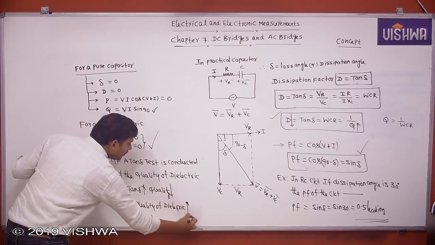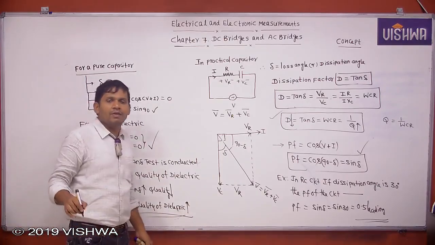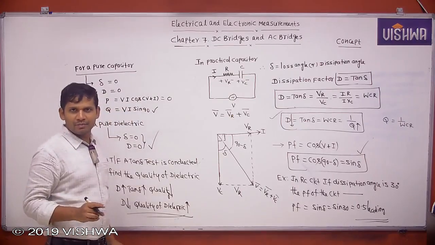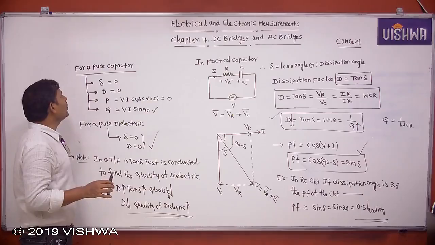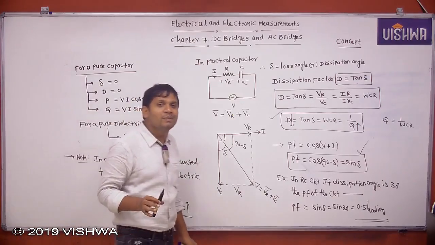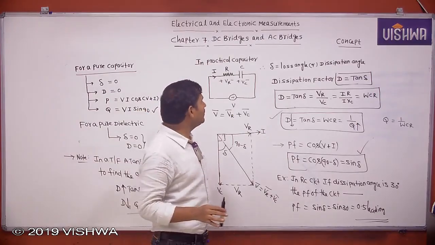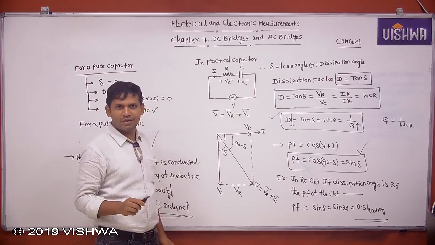Like this, by conducting the tan delta test, we can test the quality of a dielectric. This is the significance of the dissipation factor. The dissipation factor is more accurately measured by which one? Capacitance bridges. Remember that point.